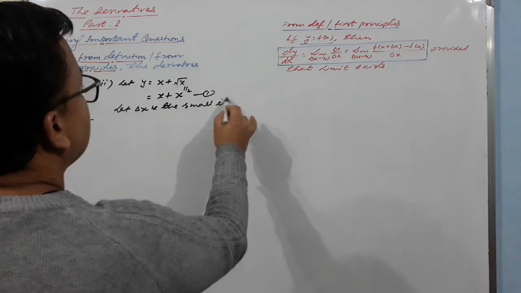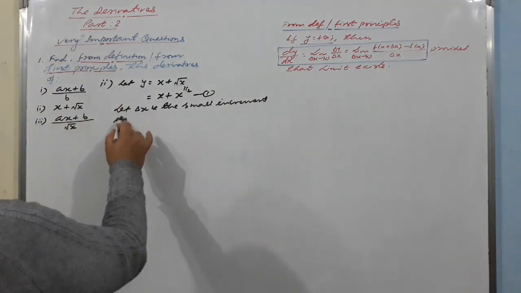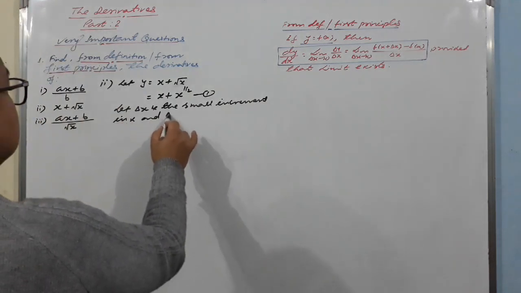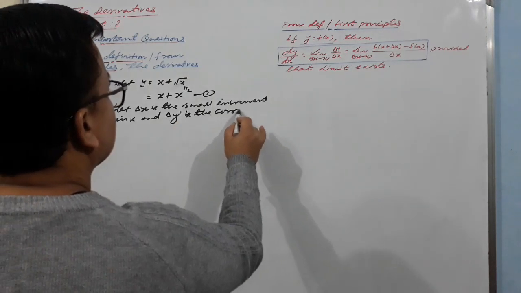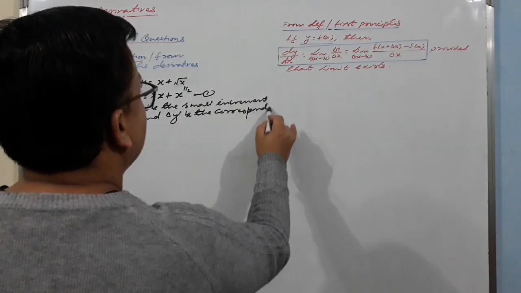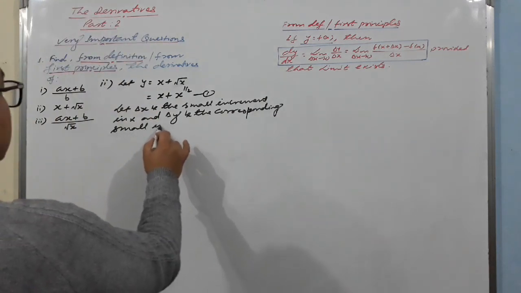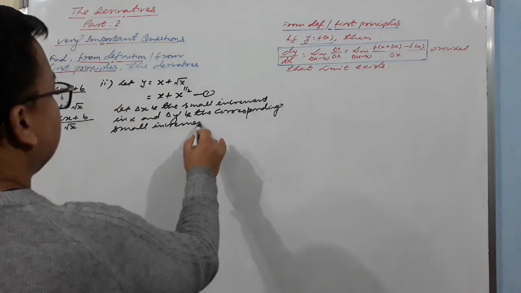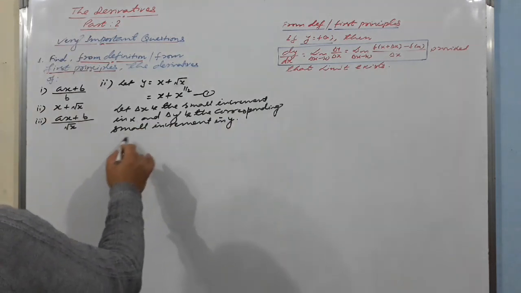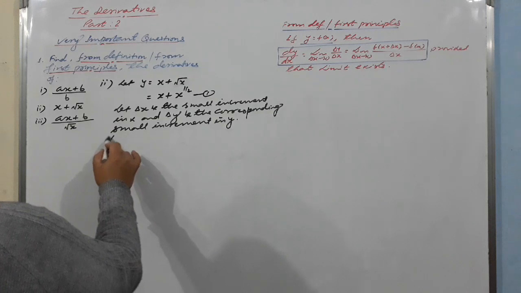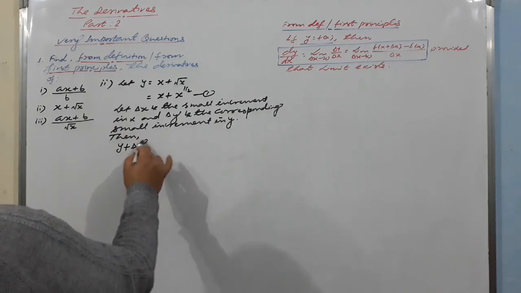small increment in x, and delta y be the corresponding small increment in y. Then we will have y replaced by y plus delta y.